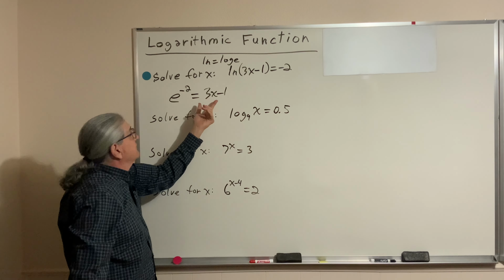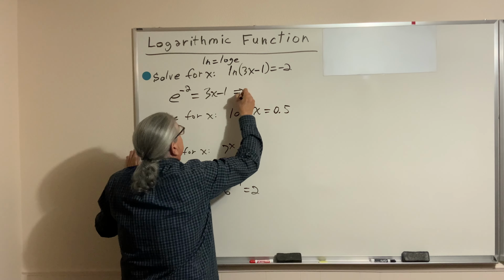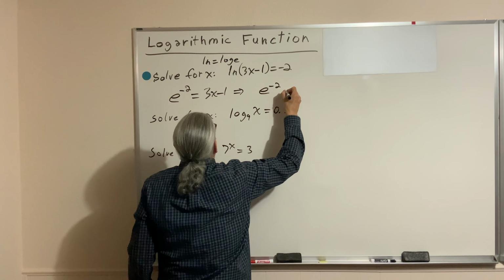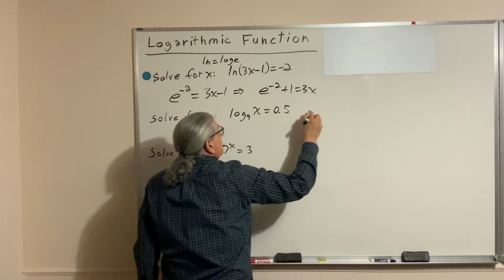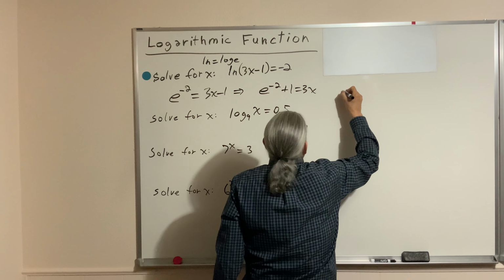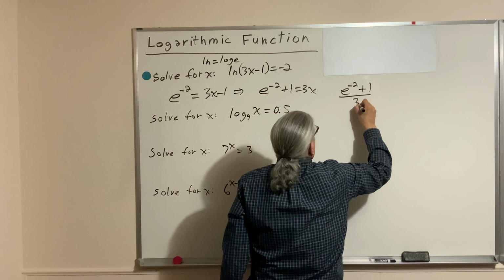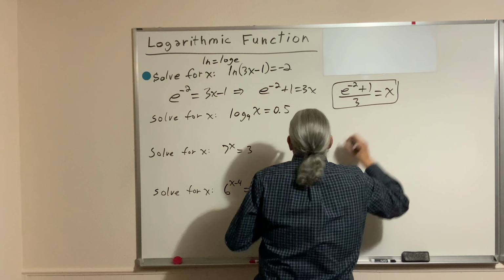See how nice that is? Now we've got the x on the outside and we can solve for it. So this is e to the negative 2 plus 1 equals 3x. If we divide both sides by 3, we've got e to the negative 2 plus 1, over 3, equals x. So now we solve for x.